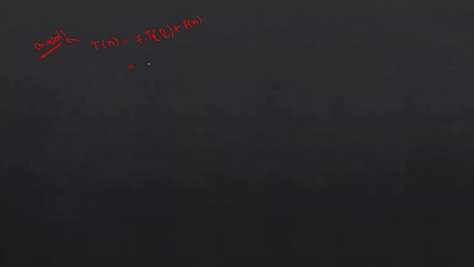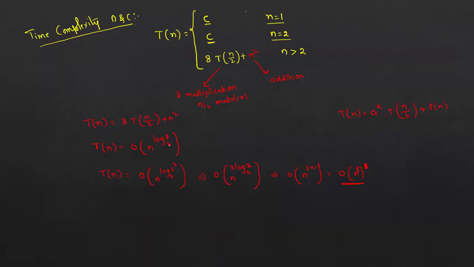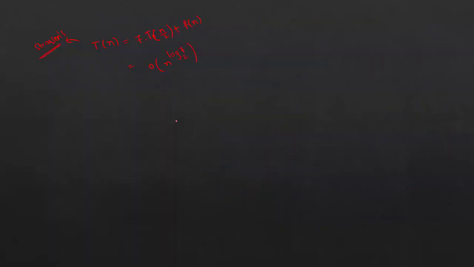So the value is order of n to the power of log 7 base 2. Previously, what value did we get? Log 8 base 2. So definitely this one is better than order of n to the power of log 8 base 2. So Strassen has given the best multiplication when I compare with the addition method or divide and conquer method.